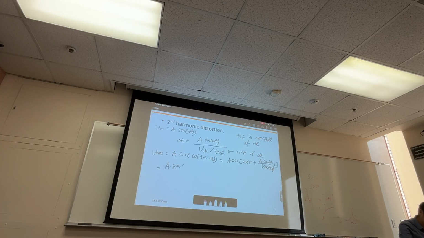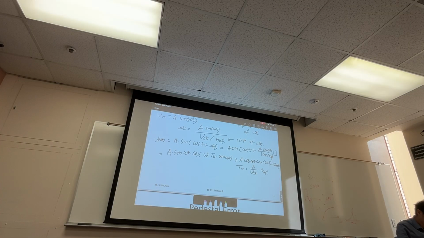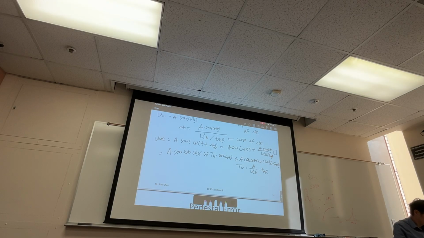So you can just expand it: sine omega t times cosine, and I'm going to introduce a new variable called theta, sine omega t, plus A cosine omega t times sine of theta, where theta here is A over V clock times TRF. Okay, so theta is this.